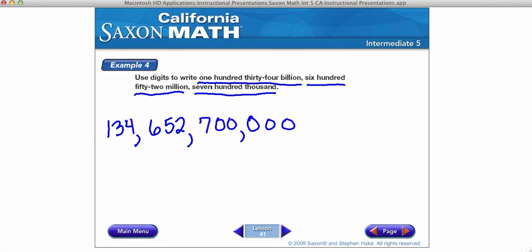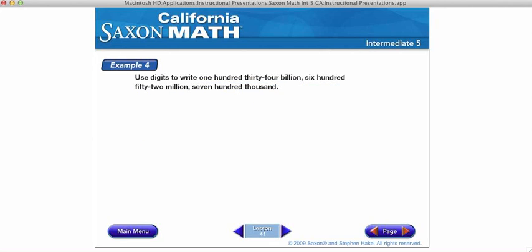Okay? All right, example 5. 2,500,000 in expanded notation or expanded form. Okay, this is just like we did last week, just with bigger numbers.